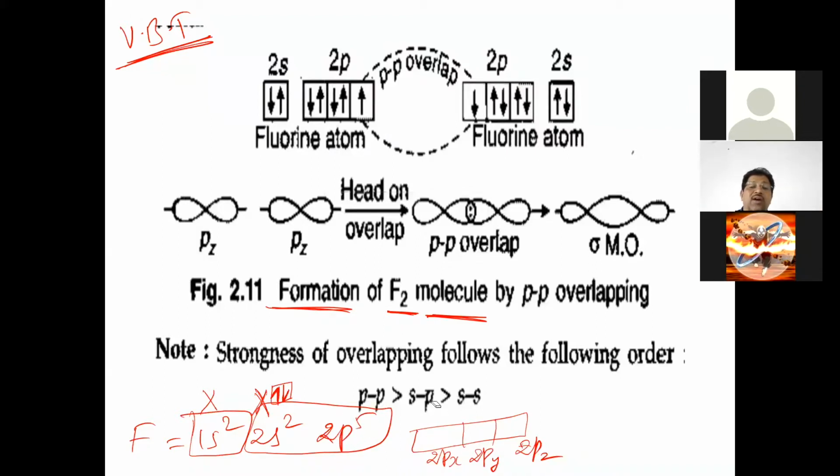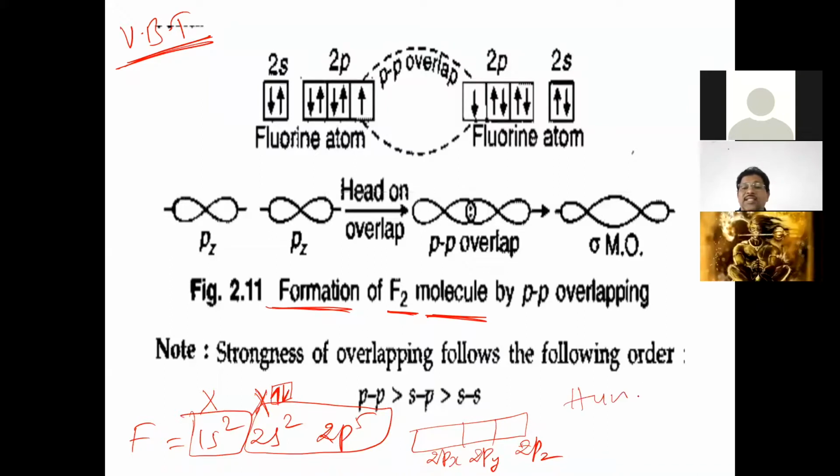According to Hund's rule of maximum multiplicity, how do we distribute 5 electrons into the degenerate orbitals? Here, how many degenerate orbitals are available? 3.